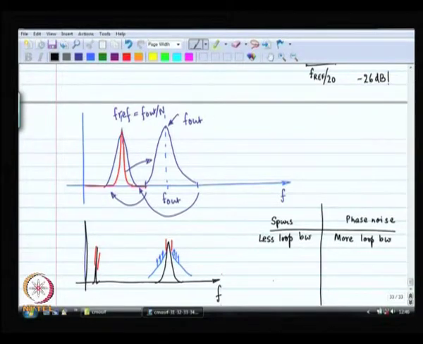Well, less loop bandwidth automatically means that the settling time is going to be that much more. Too bad, right?